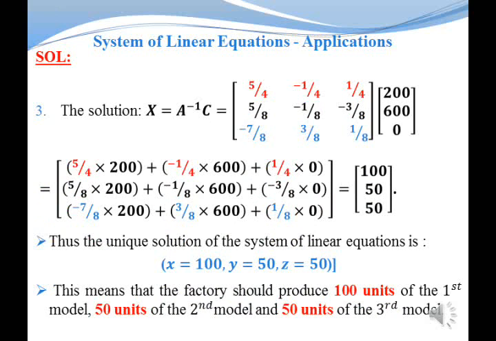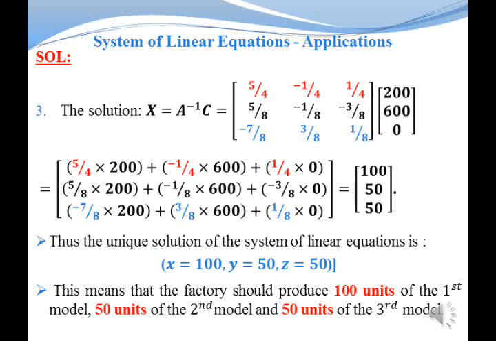Our third step is to find the solution X, and this is obtained by multiplying A inverse by C. This is our A inverse, and this is the column C. We get this multiplication by multiplying the first row by the column, the second row by the column, giving us the second value here, and the third row by the column, giving us the third value here.